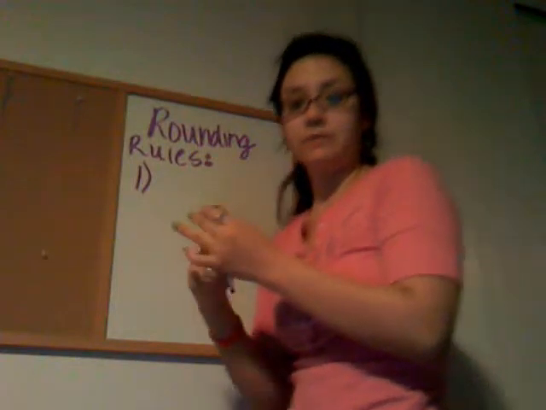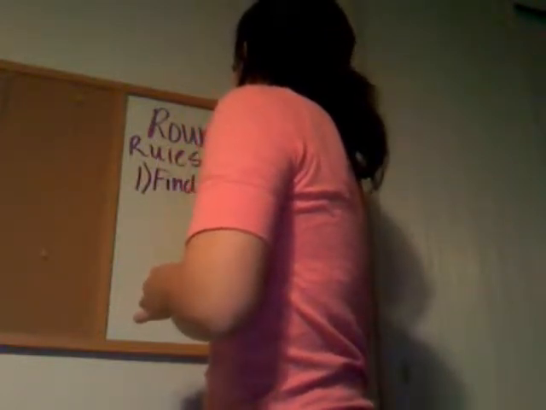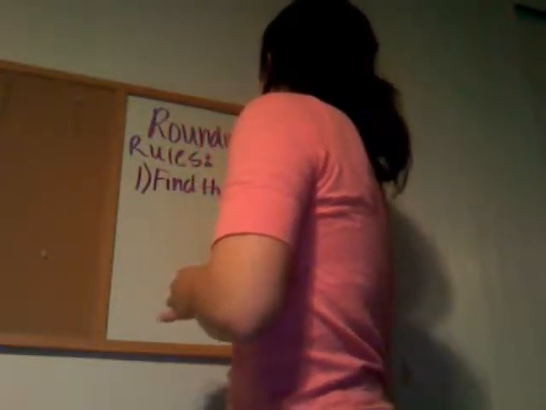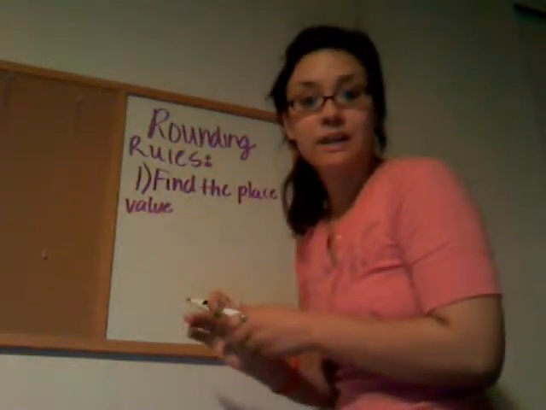On number 1, we're going to write: find the place value. So first we're going to find the place value you want.